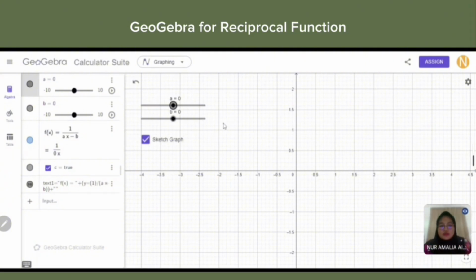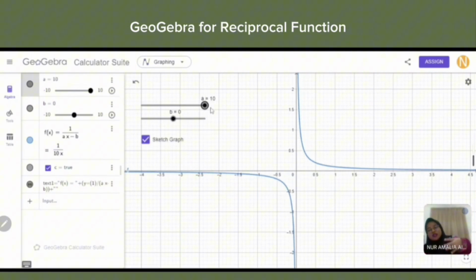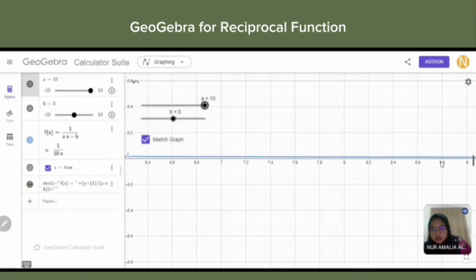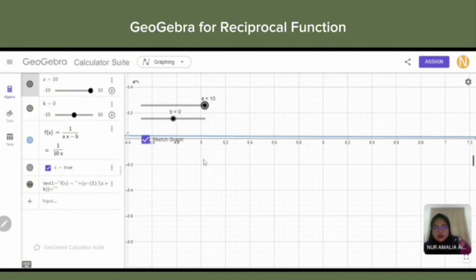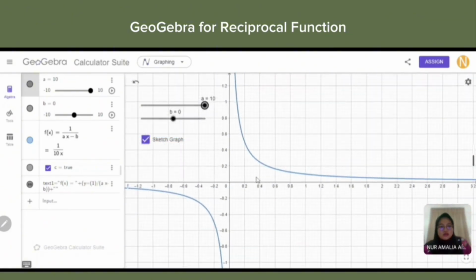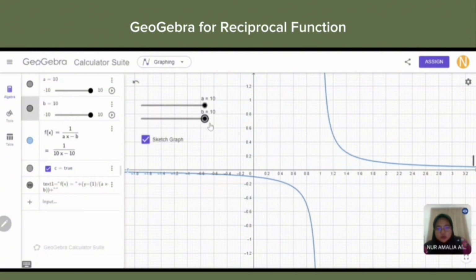So if we move the a slider, it will show you that the graph will not touch each other no matter how much we increase the number of a, and it will also not touch the y-axis here. As for slider b, it only moves along the x-axis.